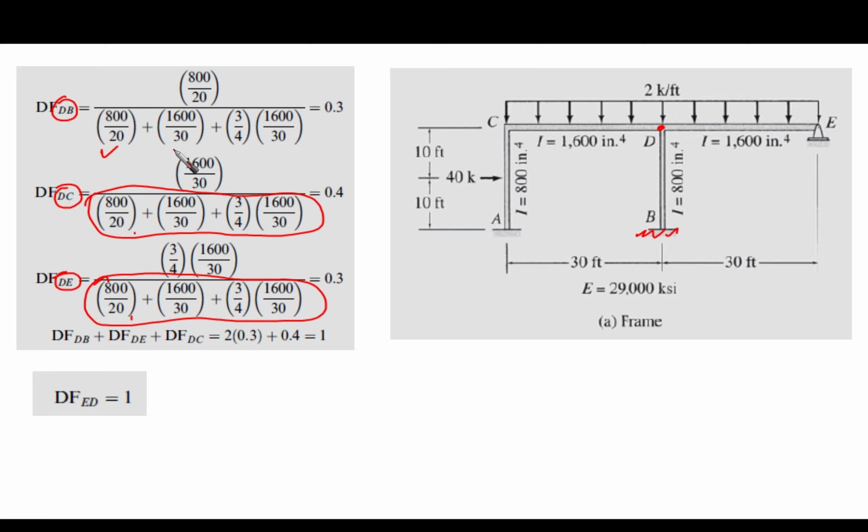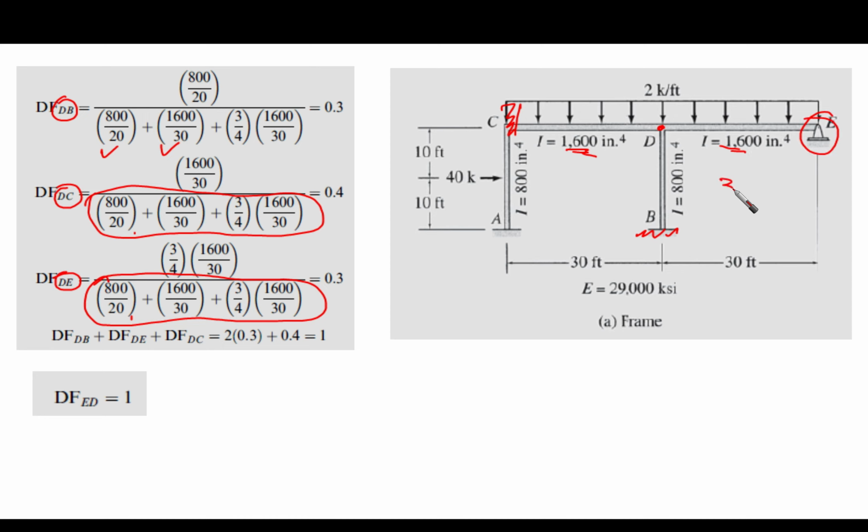The second is going to be DC. Far end is fixed, and we have the inertia to be 1600. So this means that its relative stiffness is 1600 over 30. So this is the second term. And the third term is going to be 1600 over 30, but the far end is hinged.